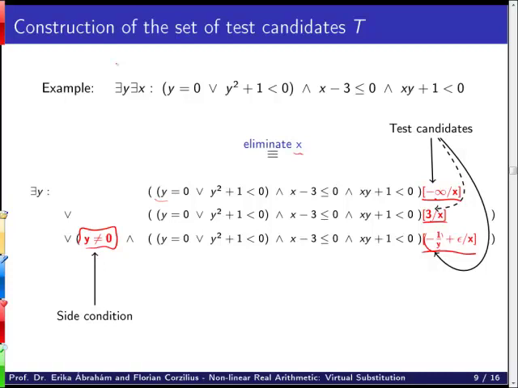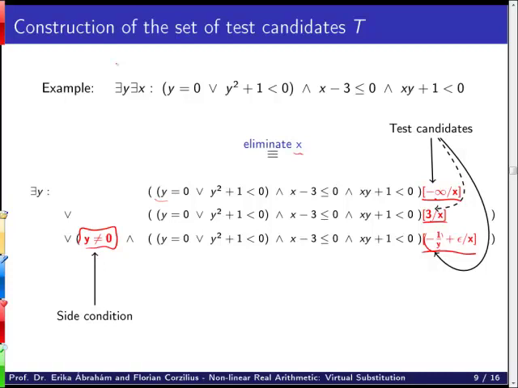The general idea was that we wanted to eliminate one variable after the other. So here we had first taken x for elimination, and then we got a formula which is equivalent to this one which we had before, but does not contain x anymore. So equivalence in the sense of having a solution in the reals.